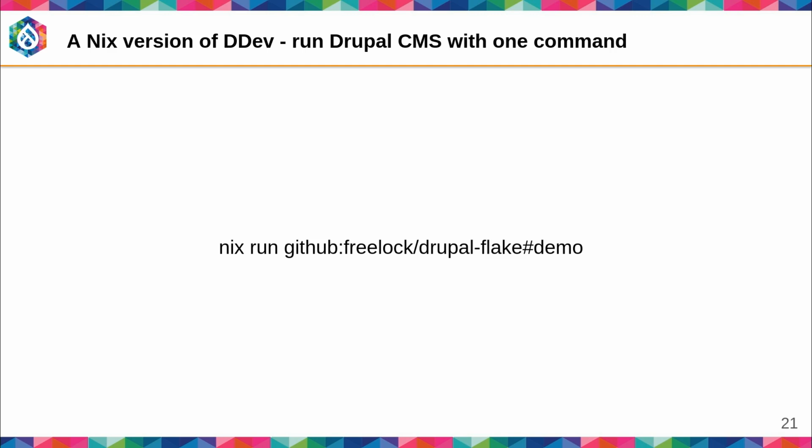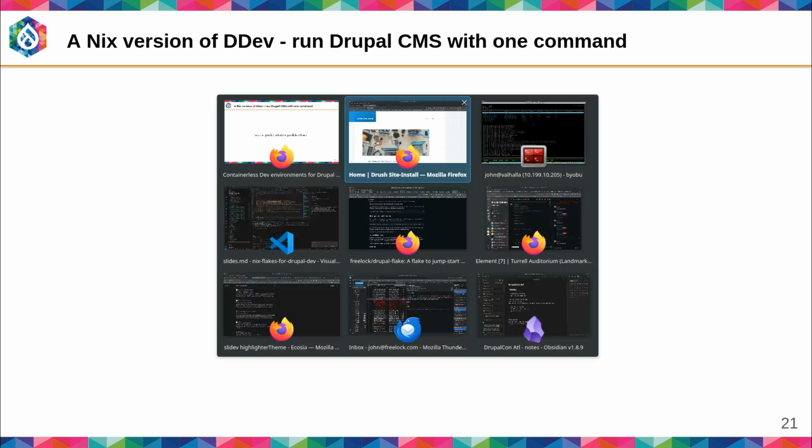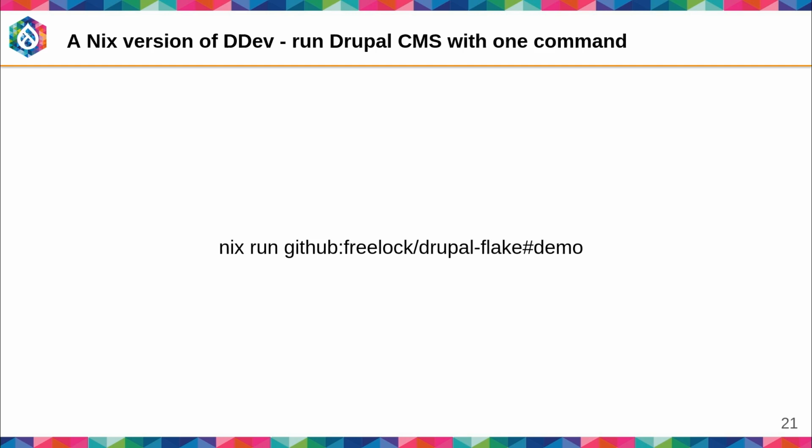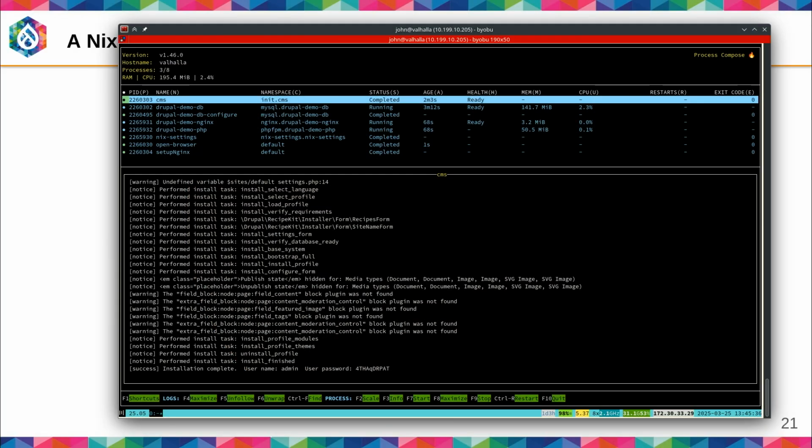Now, there's a lot of things that are interesting about this. We're really only scratching the surface, but I think we're doing okay on time. This did not actually install Nix in this directory. If you look at this directory now, there's Drupal CMS and basically nothing else.